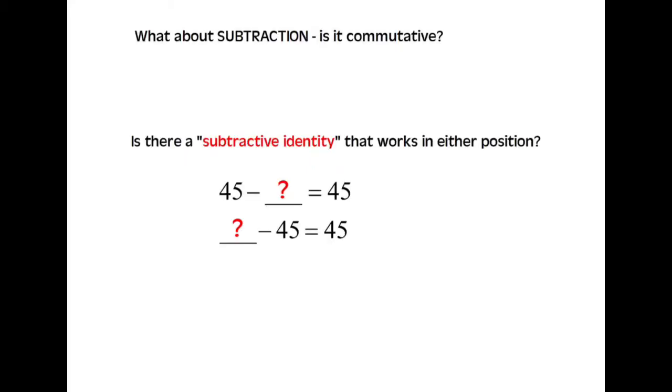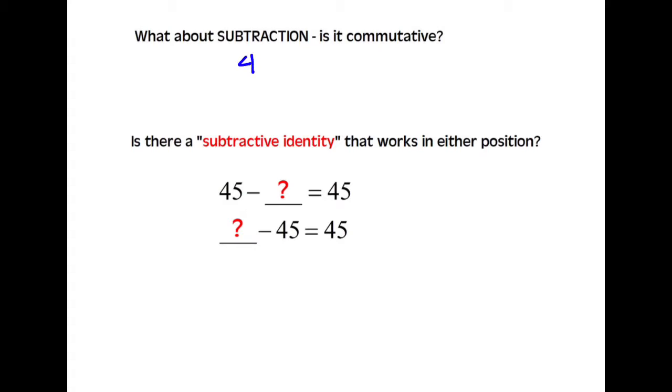I forgot, we're going to add one extra page in here that is not in your notes. Subtraction. Is subtraction commutative? I know this is not the subtraction objective, but we're talking about the identities right now, so I wanted to throw that in really quickly. So is there a subtractive identity? It needs to work in either position, right? When we did it with addition, I'm going to use 45 again.